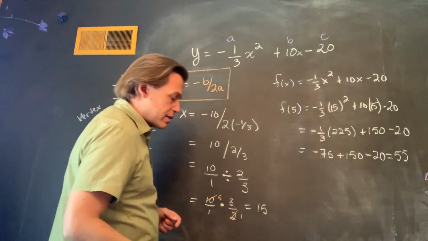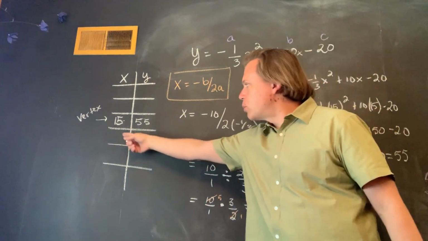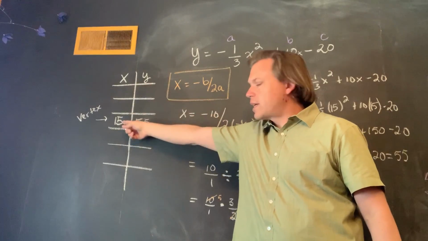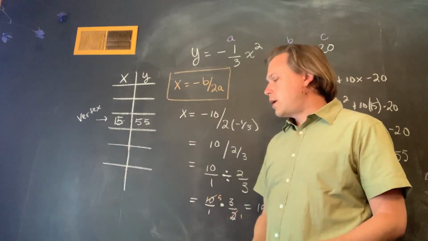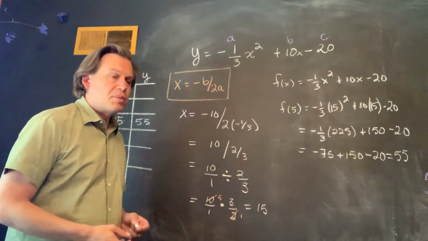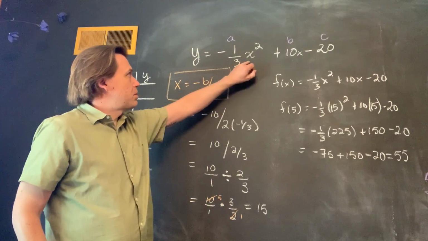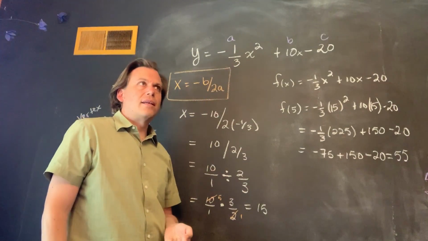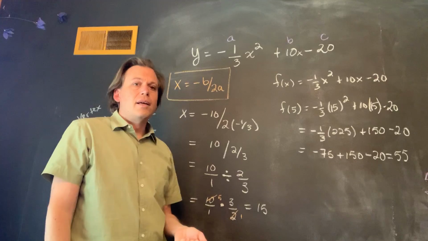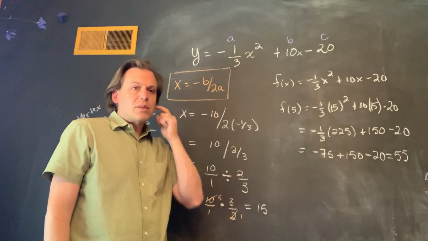What am I going to do next? Well, what I do next is I need to pick some points to the left of the vertex and to the right. And for this problem, because I'm multiplying by a negative 1/3 in the beginning, right up here, that means I'm always going to be multiplying that by negative 1/3, and it's the same as dividing by 3. So if I pick x values that are divisible by 3, this will be a lot easier.